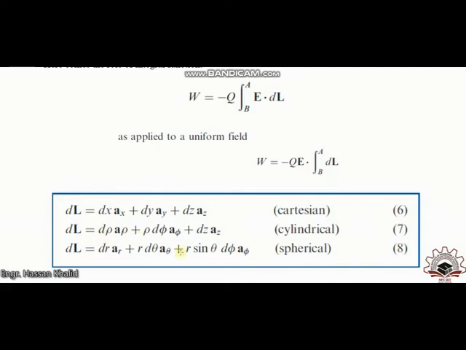And if it is spherical, you will transform this length from Cartesian into the spherical coordinate system, as illustrated in our previous lecture, chapter 1. You can also review that lecture.